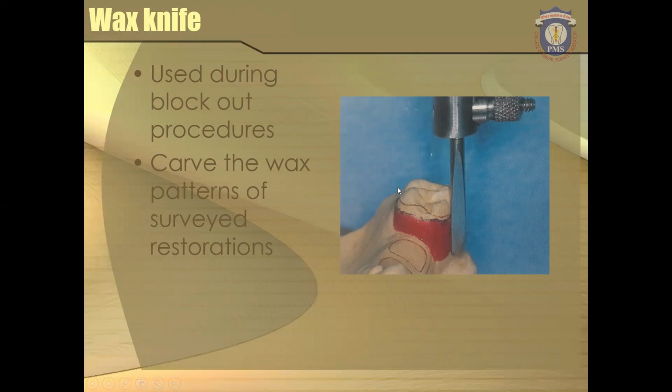If this abutment tooth was intended to go for a crown, then the wax pattern can be inserted and a wax knife can be attached to the mandrel and surveying done to identify any bulky areas or overhangings, which can be trimmed before casting.